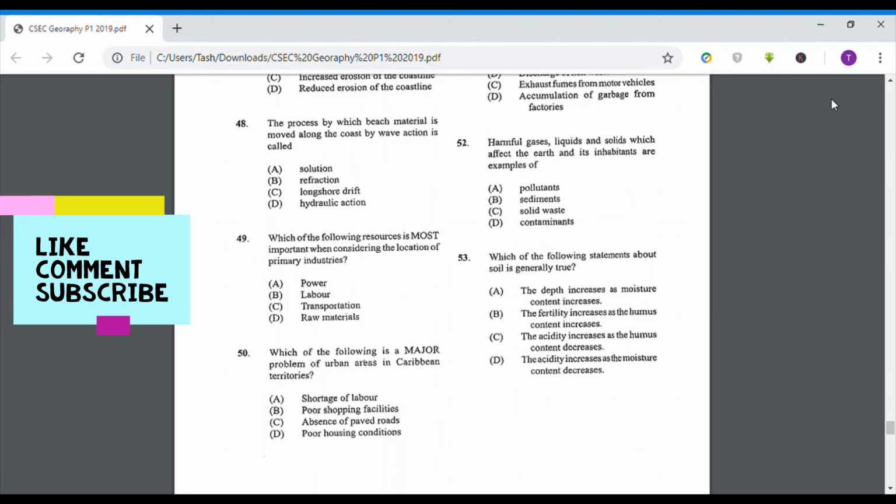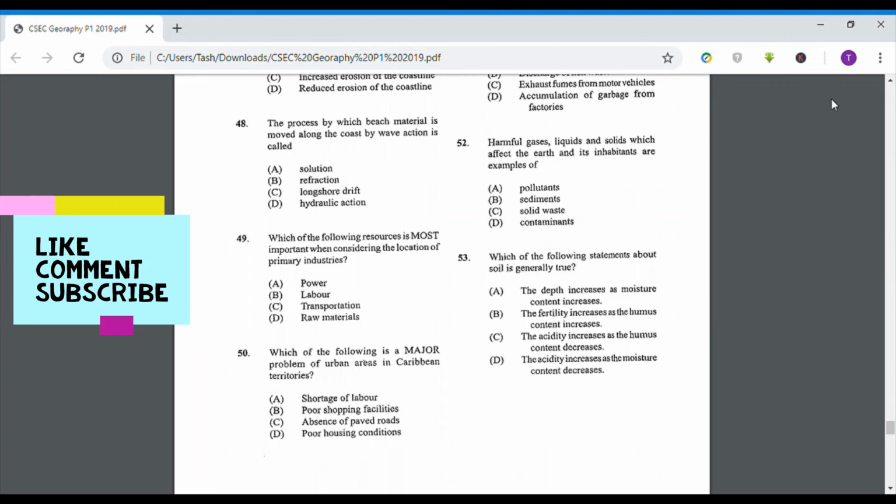Number 52, harmful gases, liquids, and solids which affect the earth and its inhabitants are examples of A. Pollutants, B. Sediments, C. Solid waste, D. Contaminants. So it is not sediments, neither is it solid waste because they have gases and liquids as well, so those two are out. The two options left are pollutants and contaminants. Now these two are extremely close.